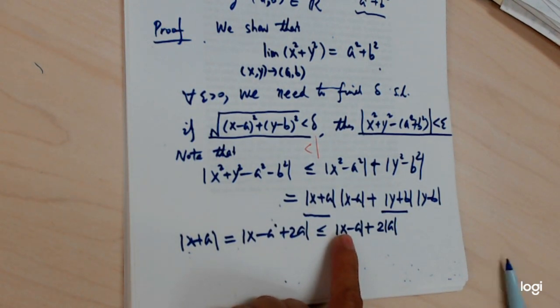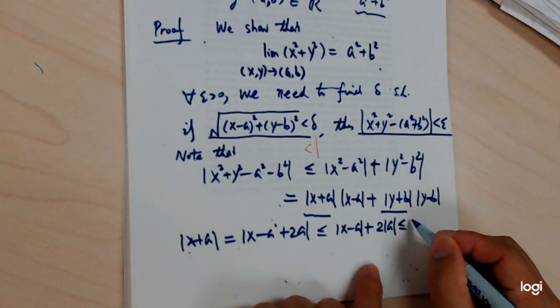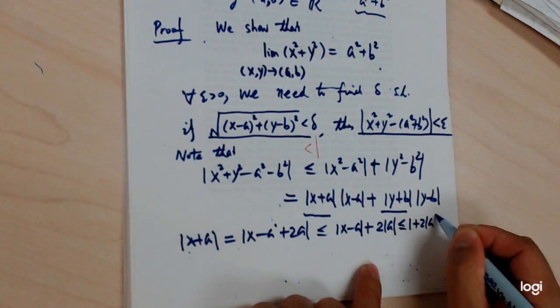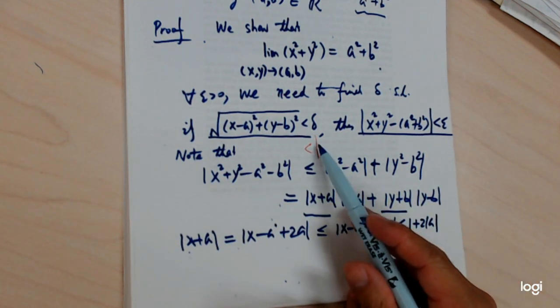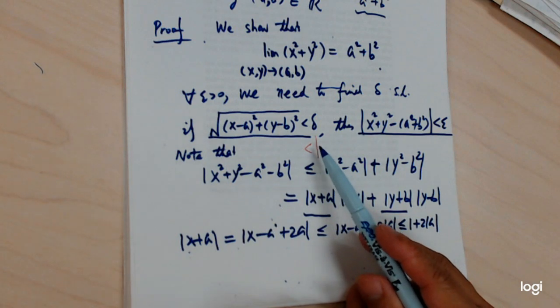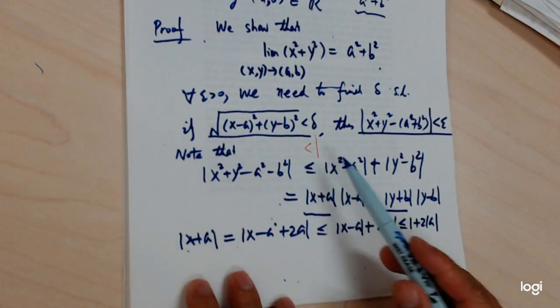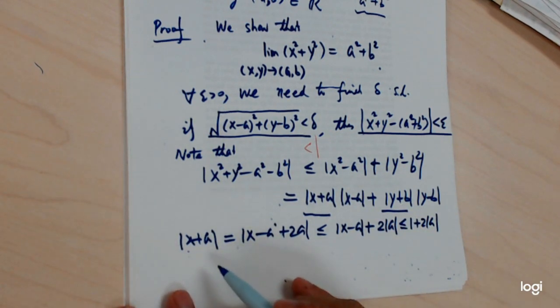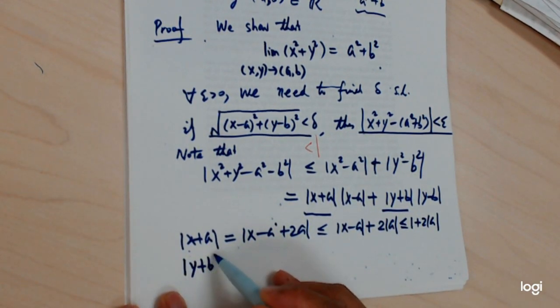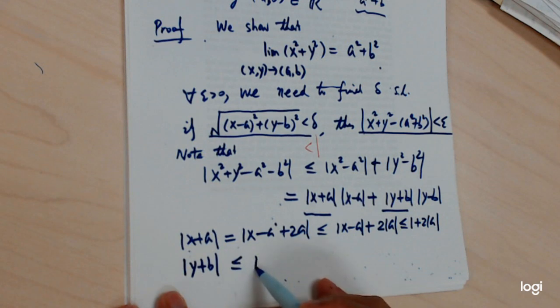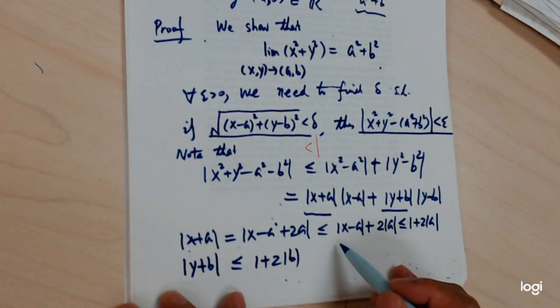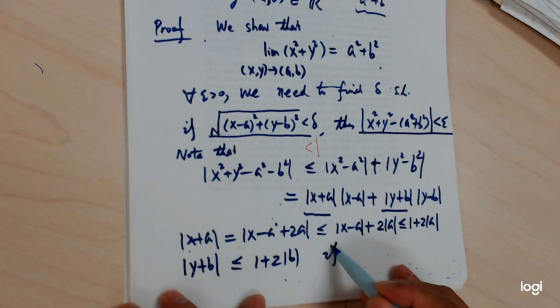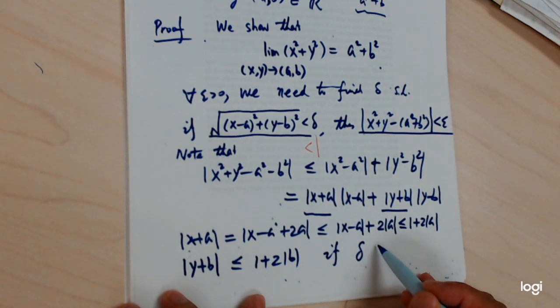So this thing will be less than or equal to 1 plus the absolute value of 2a. Same story for y plus b; I can also make it not too big. You can practice and work this out by yourself. This will be true if the delta we pick is less than 1.